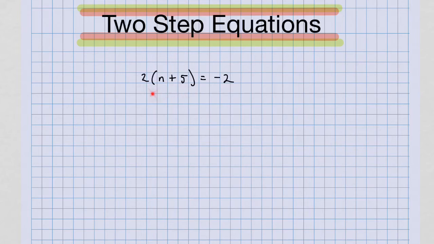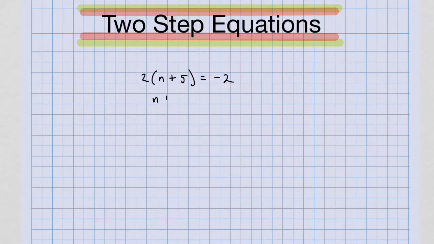All right, 2 times (n plus 5) equals negative 2. Now to get this variable n by itself, we need to kind of pick this apart. So we see that we have 2. 2 is being multiplied by everything inside these brackets. To get rid of this 2, we know the operation is multiplication, so we're going to divide both sides by 2.